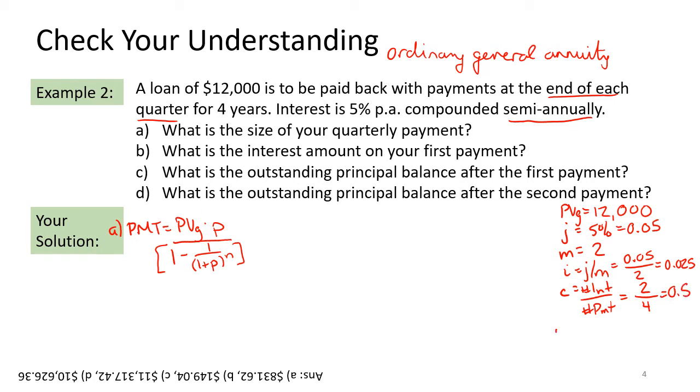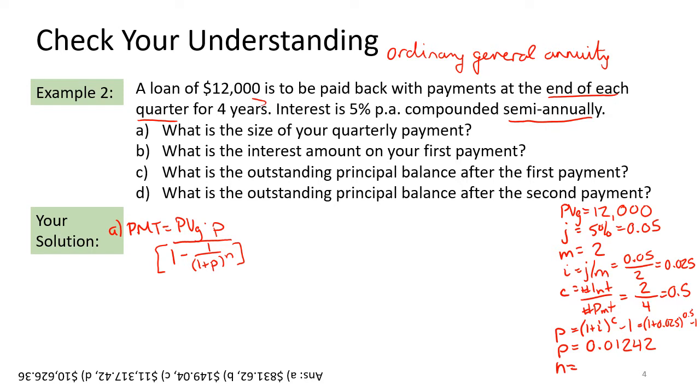So that gives us an equivalent rate of interest P of 1 plus the periodic rate of interest I to the exponent C minus 1. So in this case, it's 1 plus 0.025 to the exponent 0.5 minus 1. And that gives you an equivalent rate of interest of 0.01242.